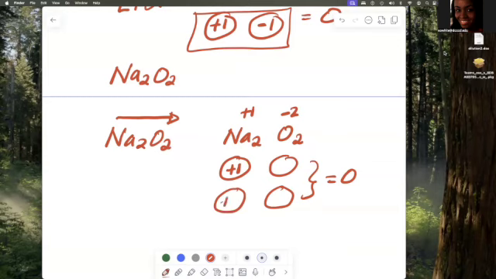So the question is, what oxidation number must oxygen take on to ensure that the total oxidation number equals 0? Based on what we have here, it cannot be -2, it has to be -1, right? So this cancels out with that, and we get 0. And here's where we see that oxidation number does not match charge. The oxygen has to adapt and be a -1 oxidation number for this formula to work out.